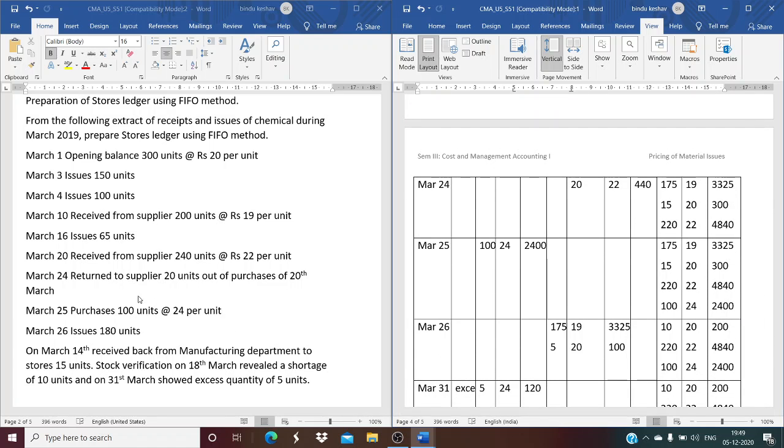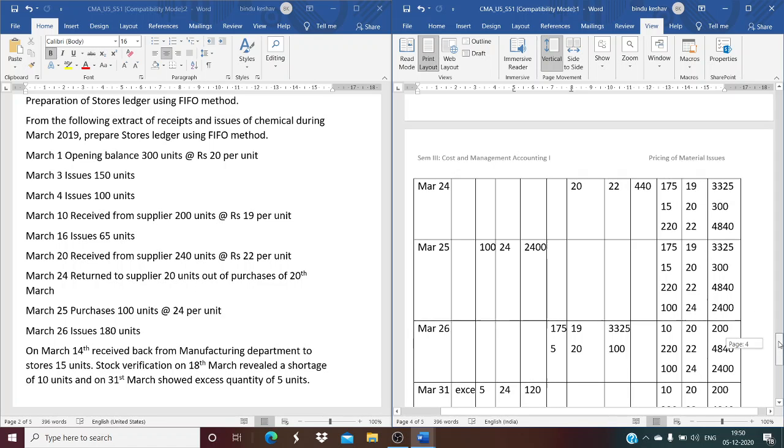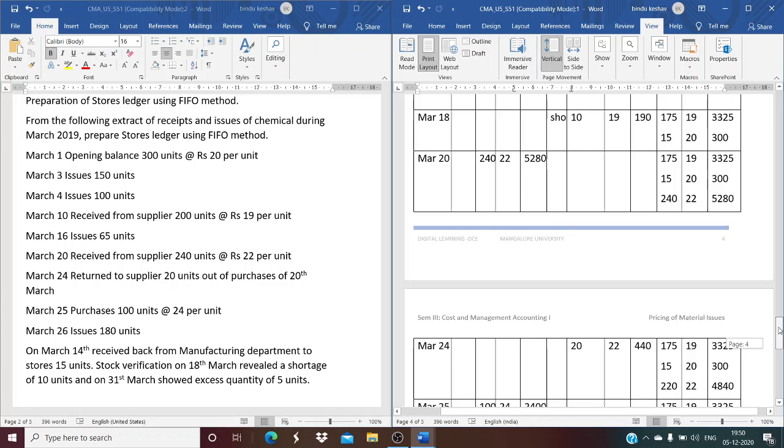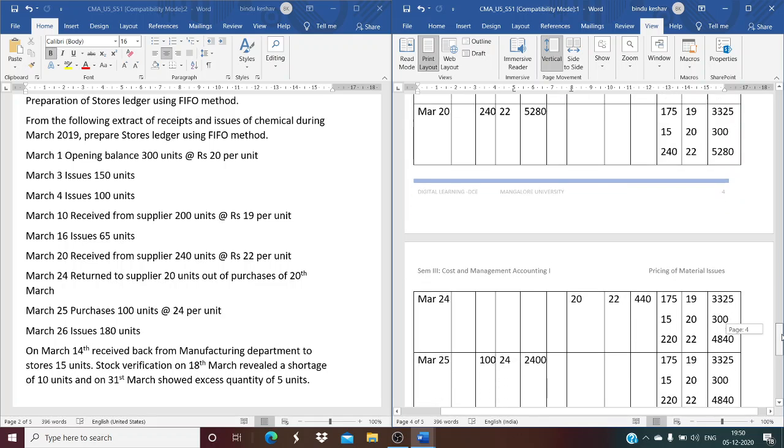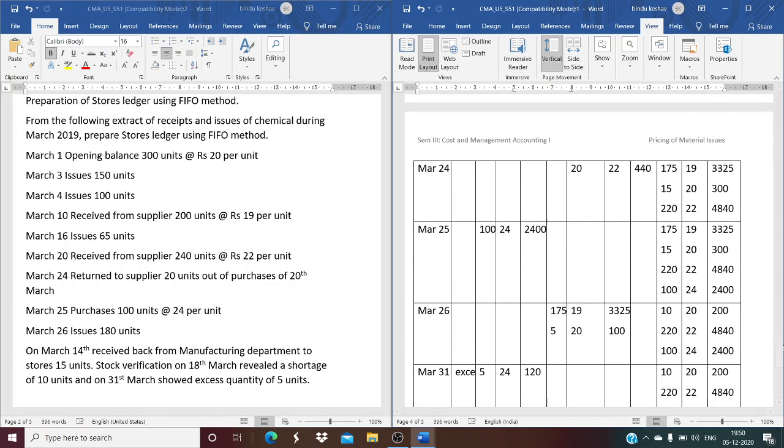Now, on March 24, return to supplier 20 units out of purchases of 20th March. So, 20th March, whatever we have purchased, 240 units at rupees 22. Out of that, 20 units are returned to the supplier. So, the price is 22 rupees. So, in the issue column, we are recording the quantity 20, the price 22 rupees, and the amount is 440.